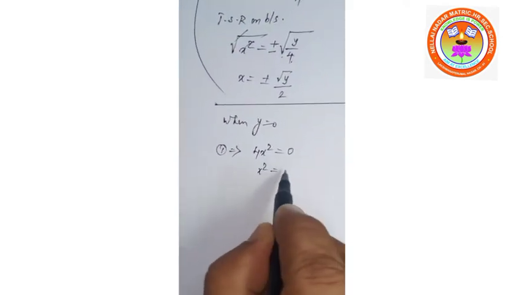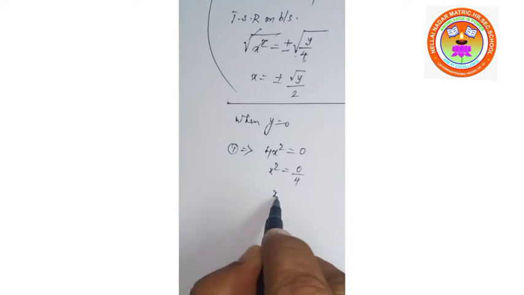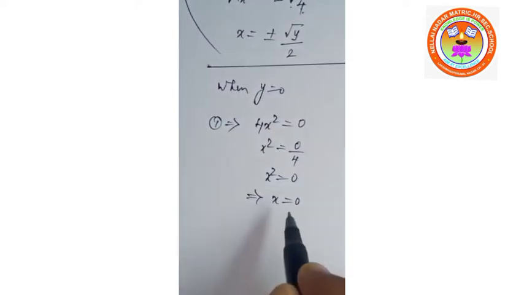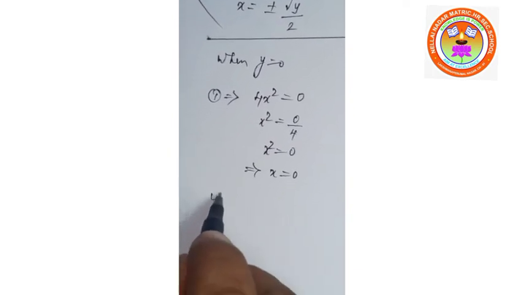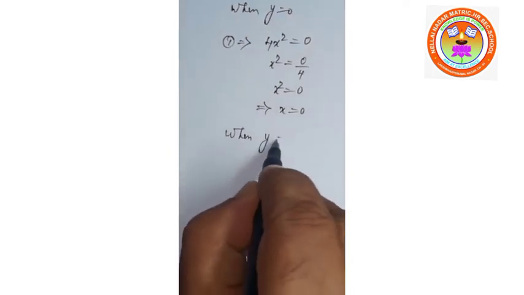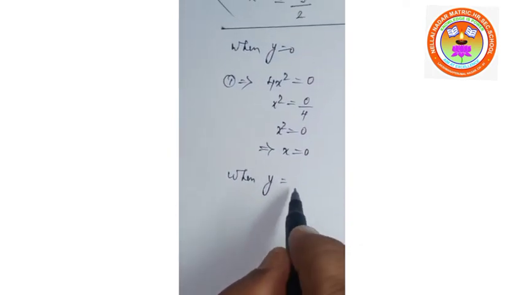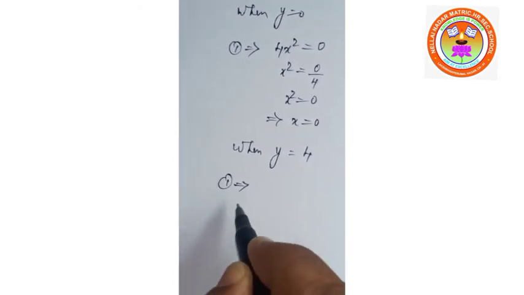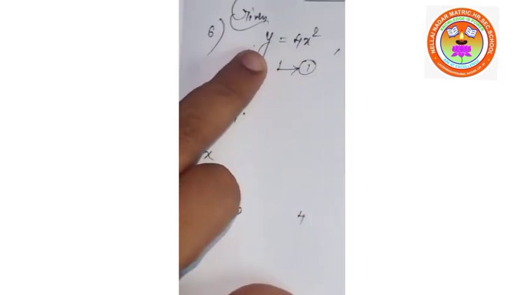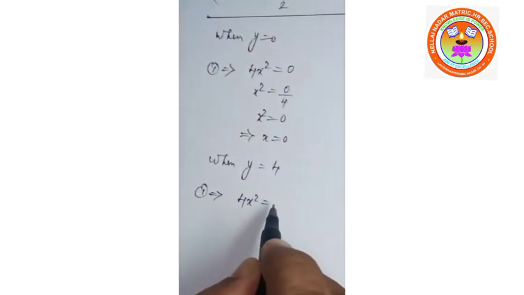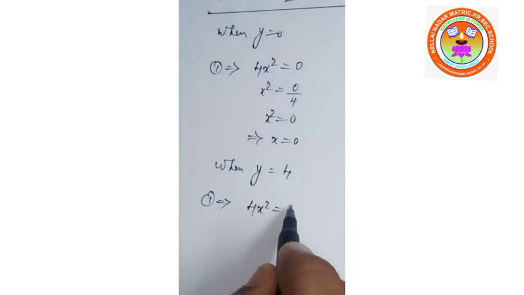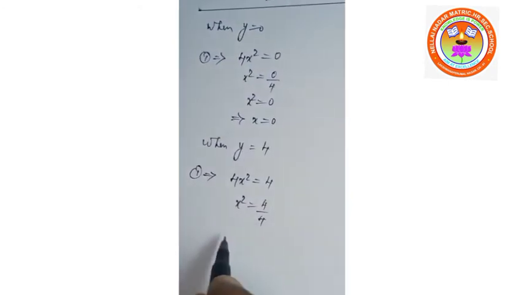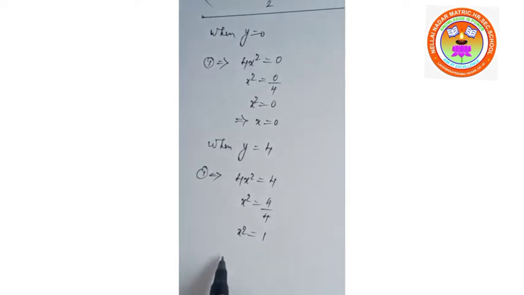Therefore x squared equals 0 by 4, which is 0, which implies x equals 0. Next, when y equals 4, substitute y equals 4 in 4x squared equals y. Therefore x squared equals 4 by 4, x squared equals 1.